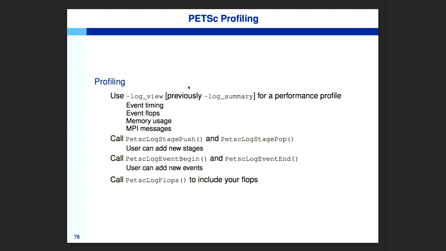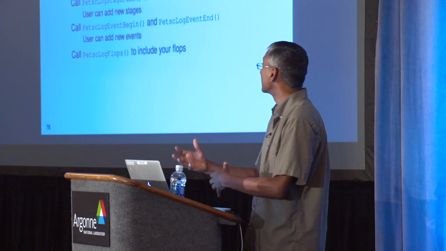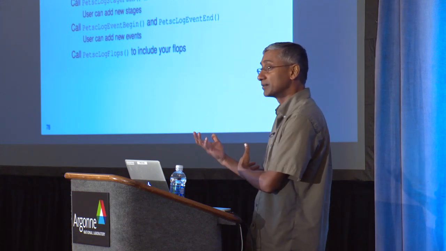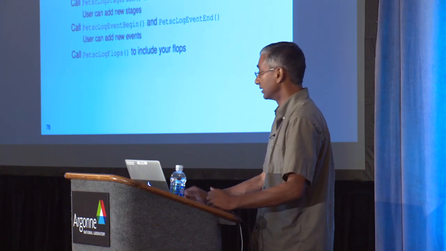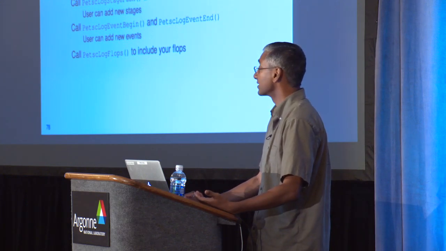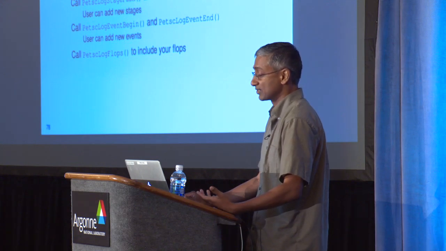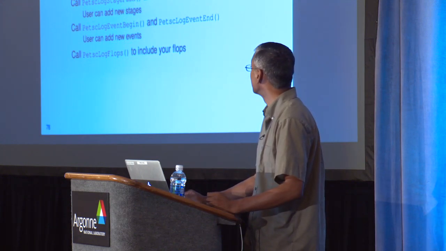Usually that's a manually computed thing using the function PetscLogFlops, and also memory usage to some extent, because all memory that is allocated using PetscMalloc and PetscFree is kept track of, and also all the MPI message sizes and number of calls to MPI message communication primitives.